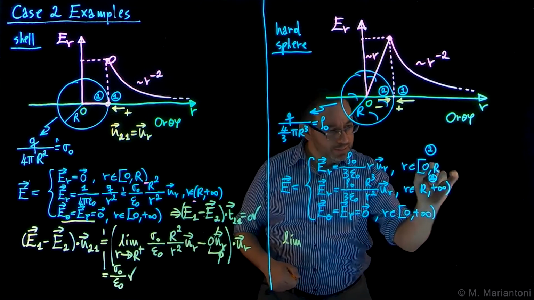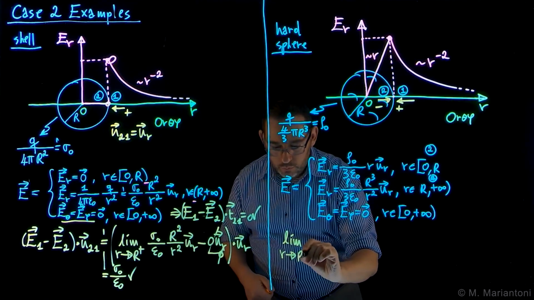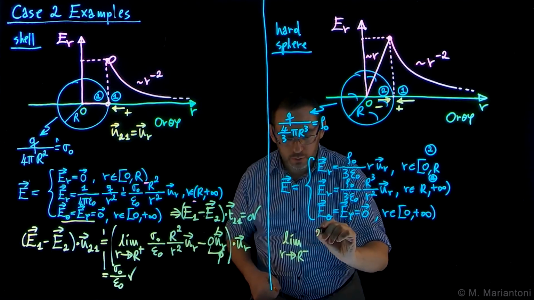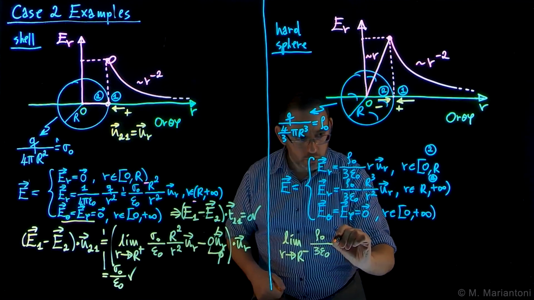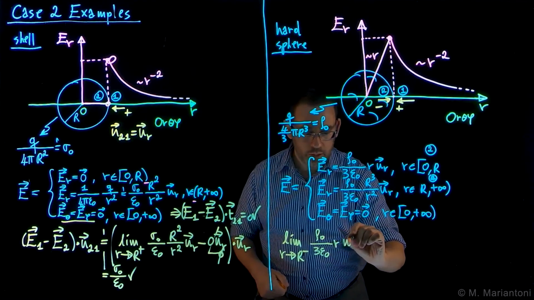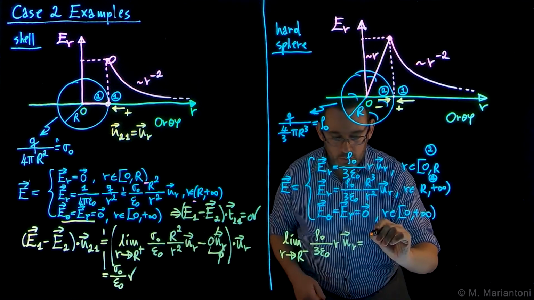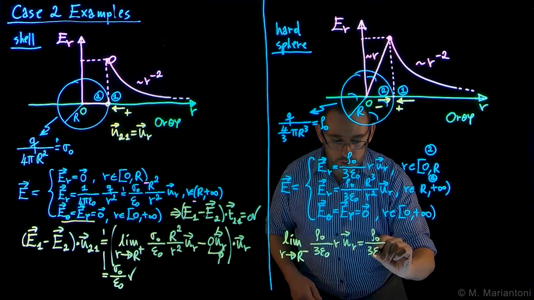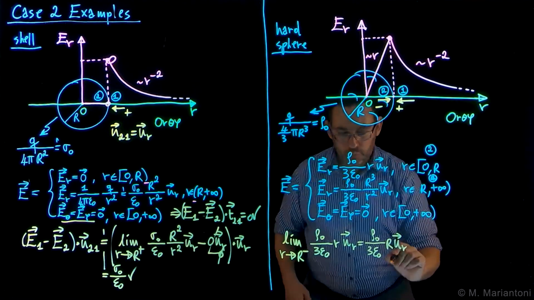So I want to see what happens at this capital R. Here I approach from minus, so I need to use this equation. Okay, ur. So this simply gives us rho naught over 3 epsilon naught capital R ur.